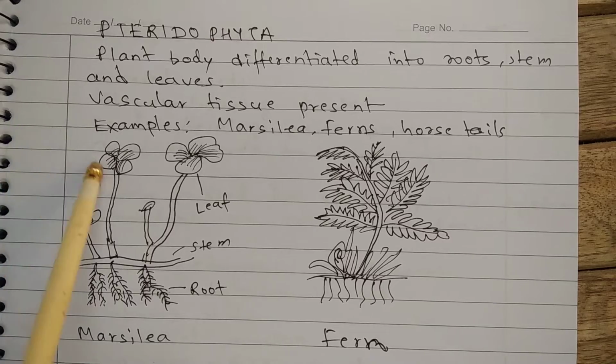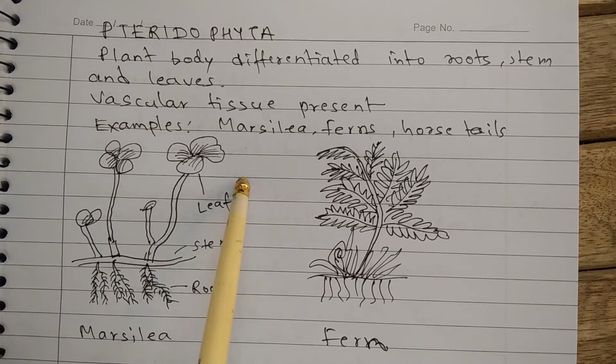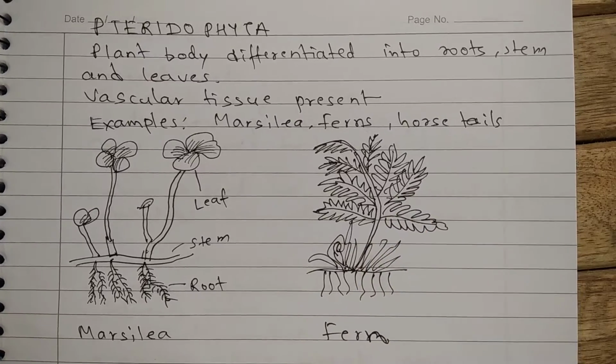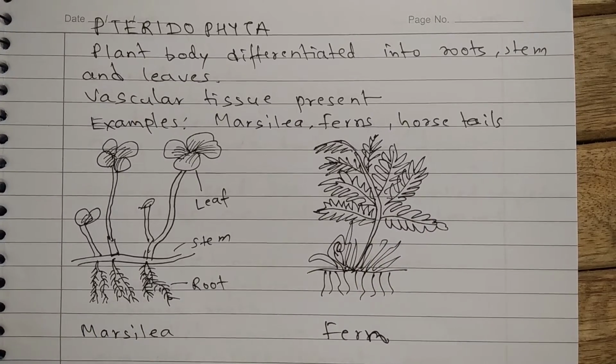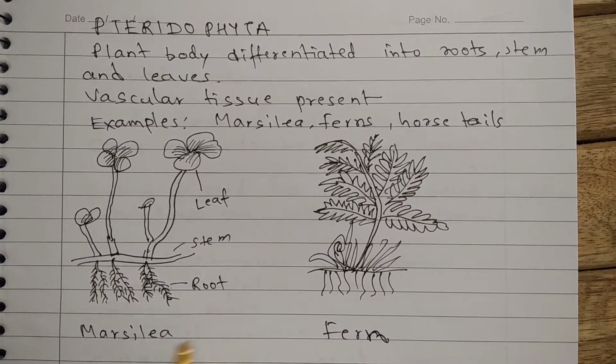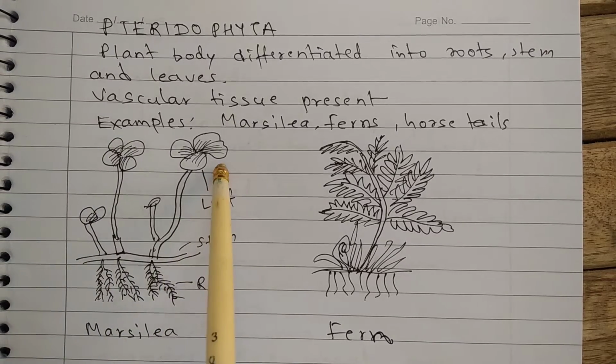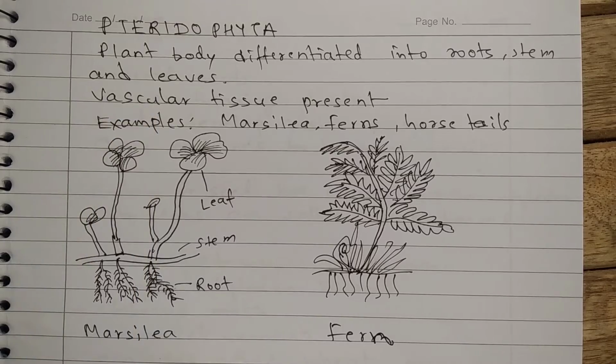Examples of Pteridophyta are Marsilea, ferns and horsetails. This figure shows Marsilea and this shows fern. So these are roots, this is a stem and this is the leaf of Marsilea.